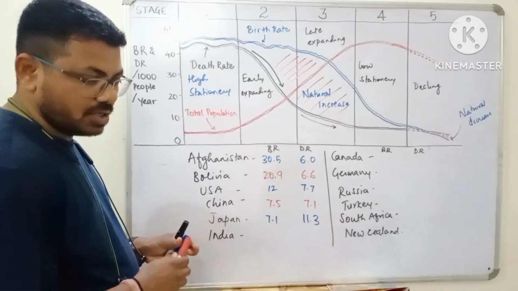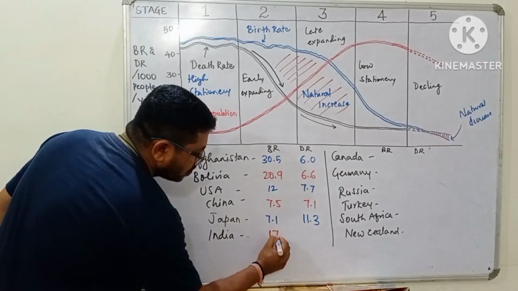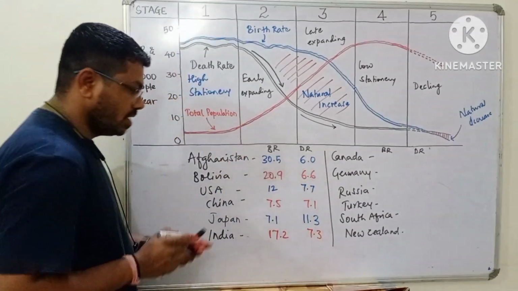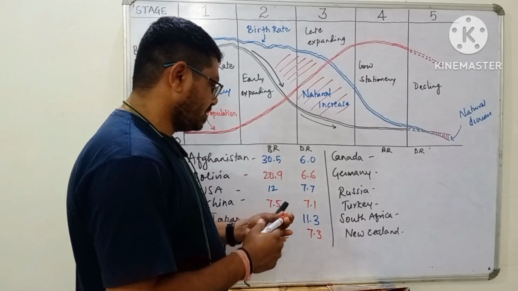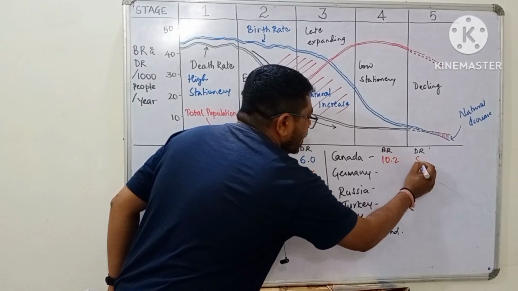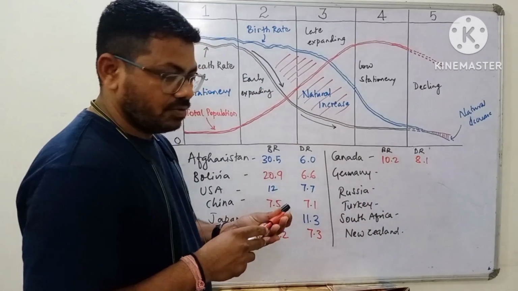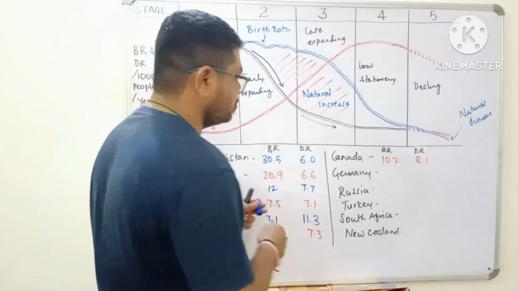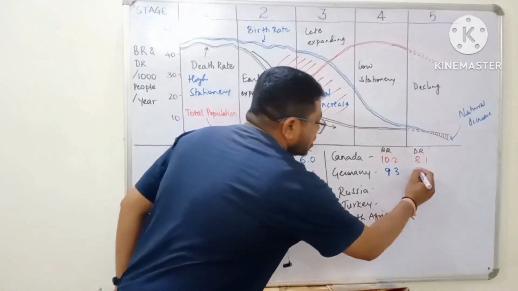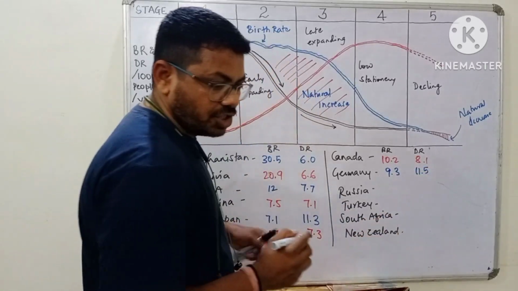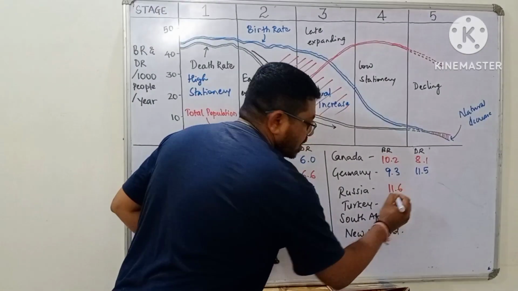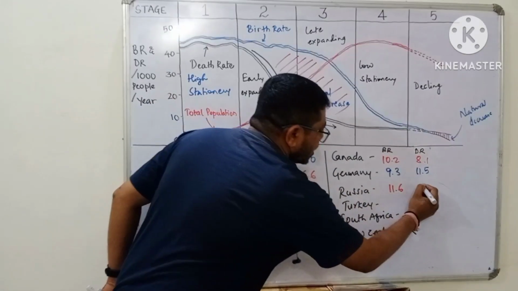And India's birth rate is 17.2 and the death rate is 7.3. Canada's birth rate is 10.2 and death rate is 8.1. Germany's birth rate is 9.3 and the death rate is 11.5. Russia's birth rate is 11.6 and the death rate is 12.9.